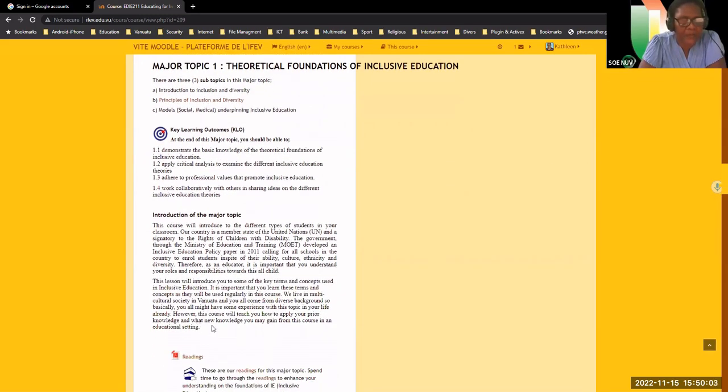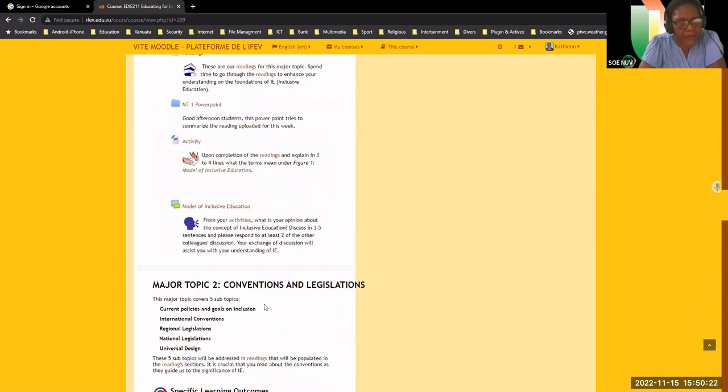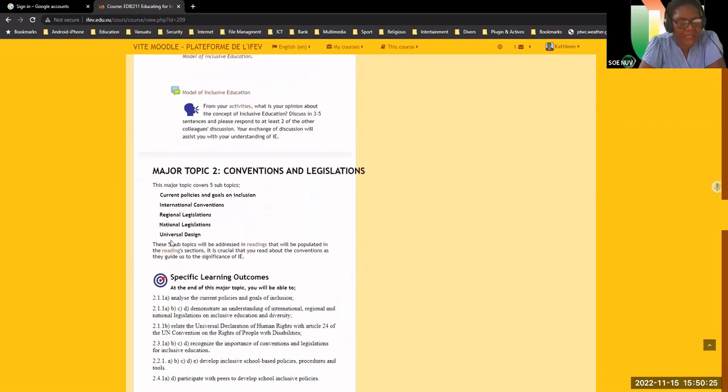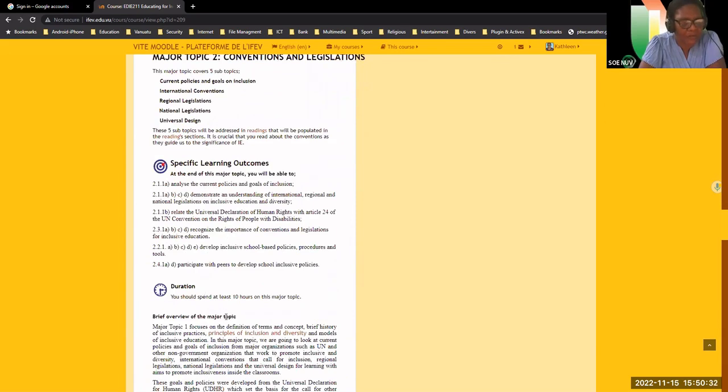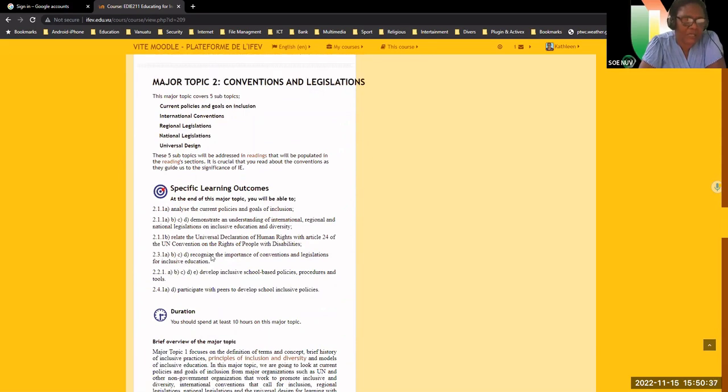And we also learned that foundations of inclusive education come about only after the rights movement, where everybody has the right to a fair education, or has a right to learn. Conventions and legislations was major topic 2.